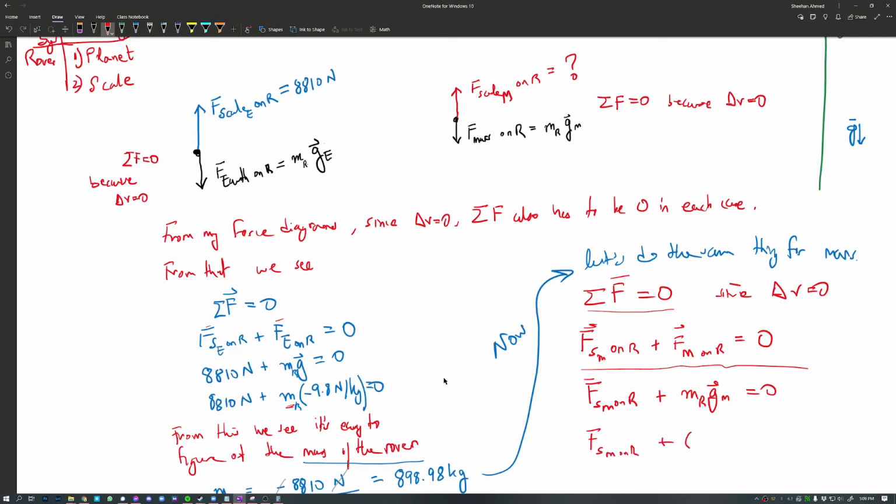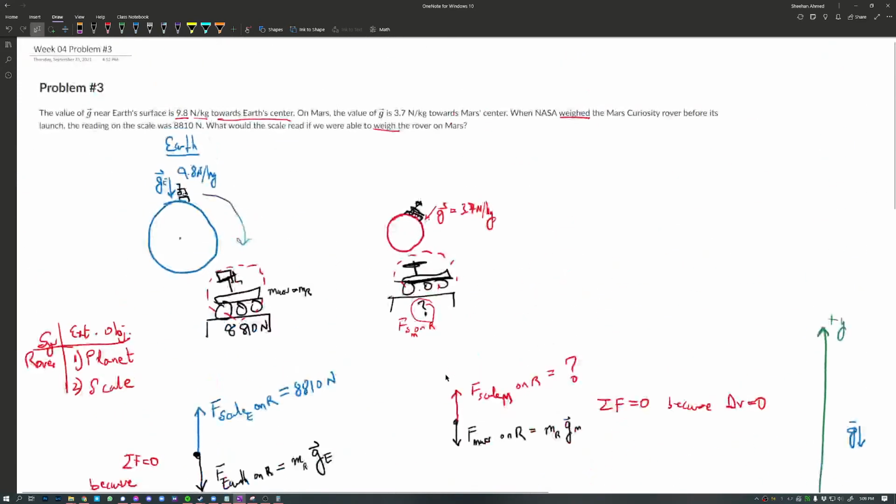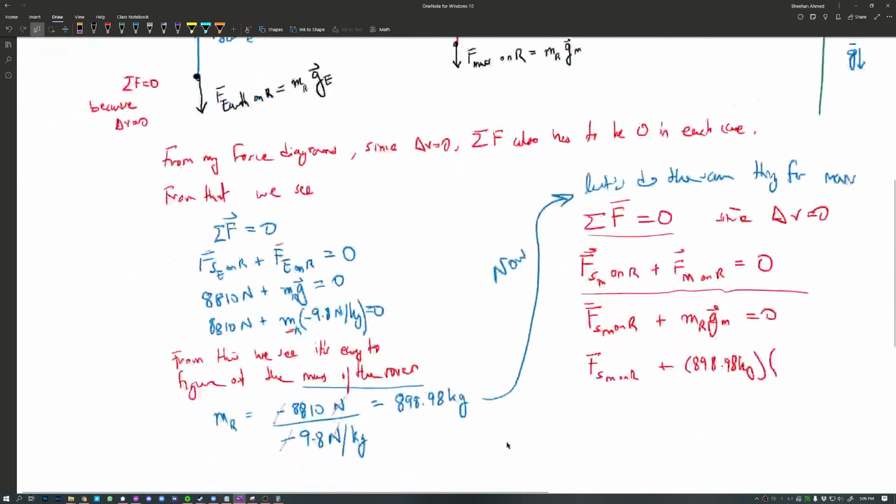Plus, now we have the mass, 898.98 kilogram. G on Mars has a value of 3.7 newtons per kilogram, but it is pointing downward, and we chose down as negative, minus 3.7 newtons per kilogram. Kilograms go away, and the whole thing is equal to 0.